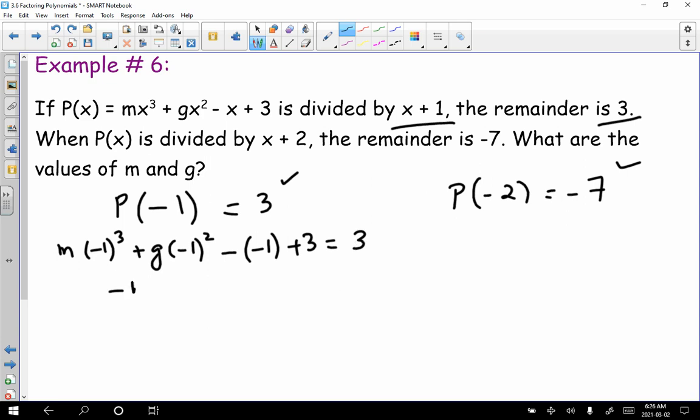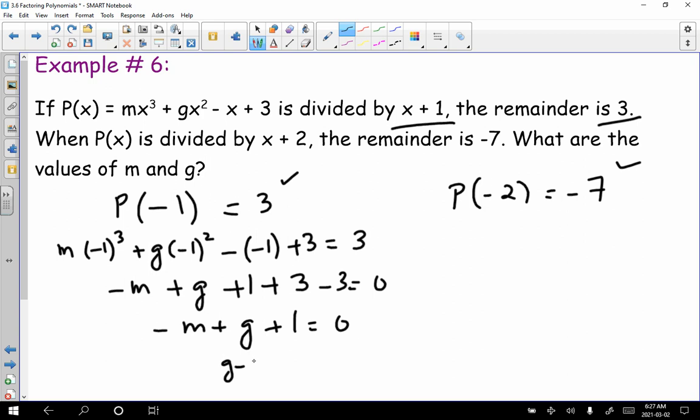So it'll be minus m plus g plus 1 plus 3 minus 3 equals 0, or minus m plus g, so 3 plus 1 is 4, 4 minus 3 is 1, we have g minus m equals negative 1. So that's one equation we have here.